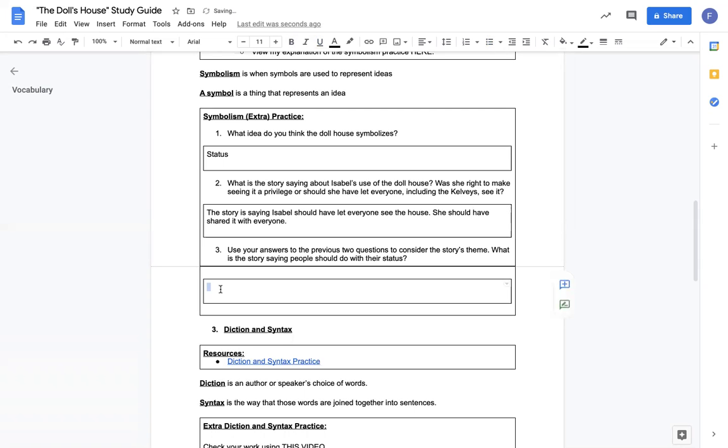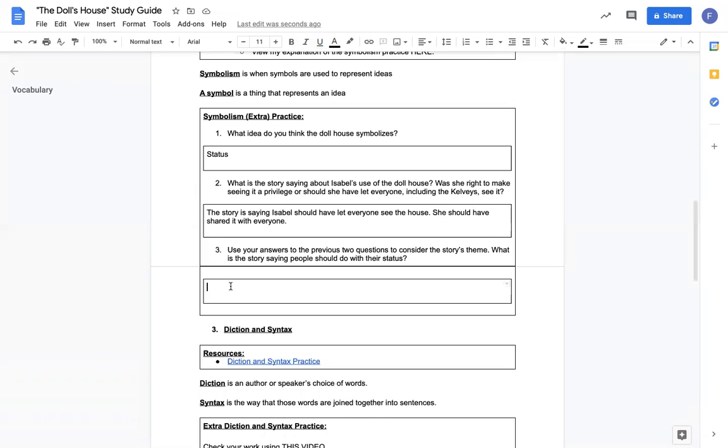And then this third question is having you put together those two ideas to think about a theme that the symbolism in this story is telling you. So if we know that the dollhouse represents status, and if we know that the story is saying Isabel should have shared that dollhouse with everybody, then you can put that together to say that the story is saying people should share their status with the less fortunate.